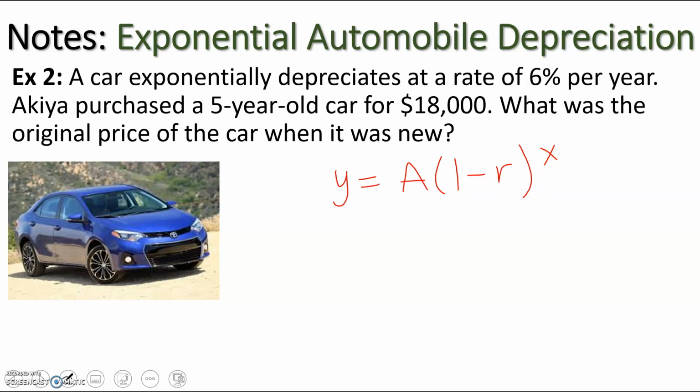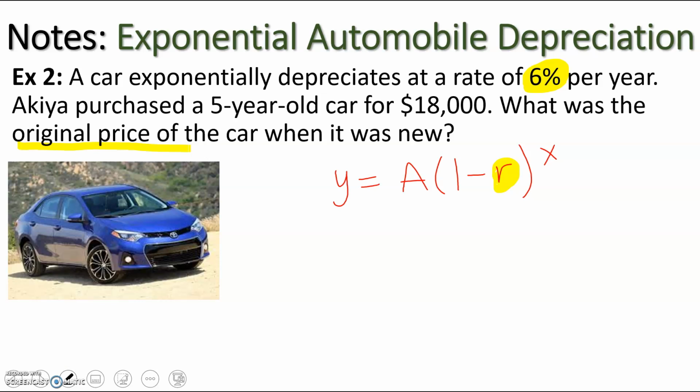Now, this one's a little different because in this particular problem, they actually give us our rate. So we know that's here, but just keep in mind we have to plug in its decimal form. They do not give us the initial value, and that's actually what's being asked. What is our original price?